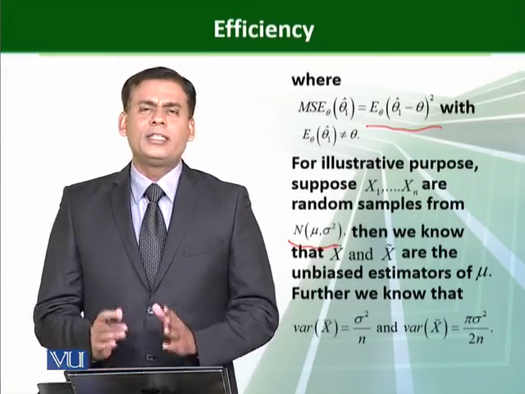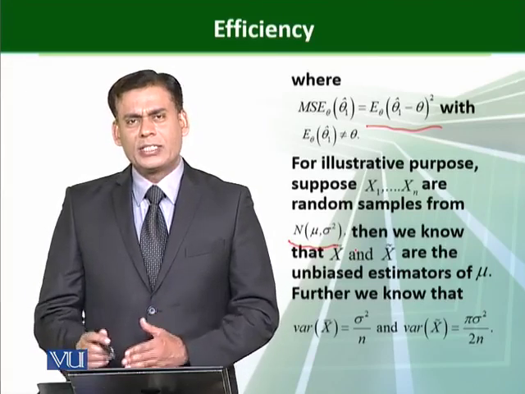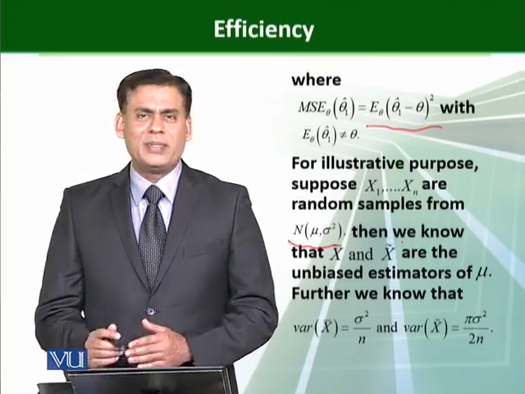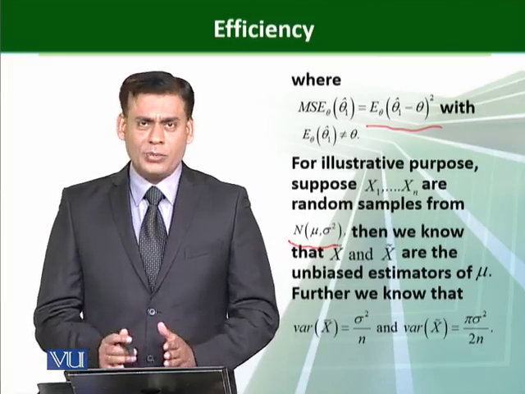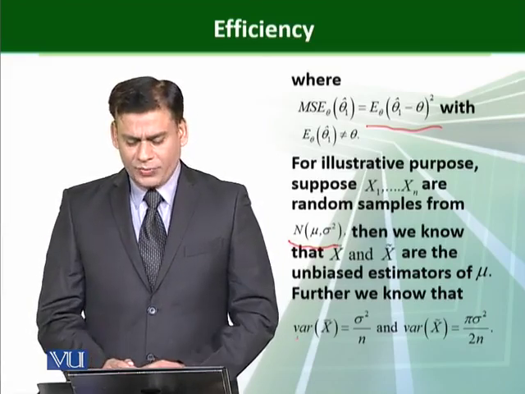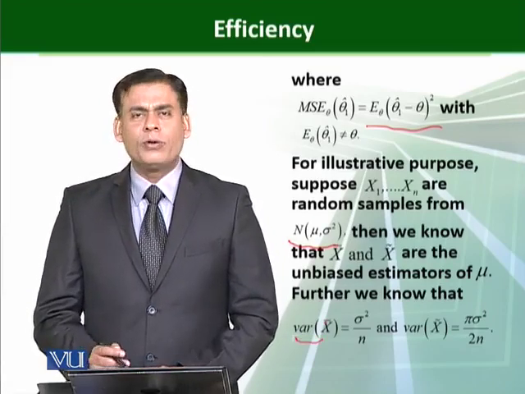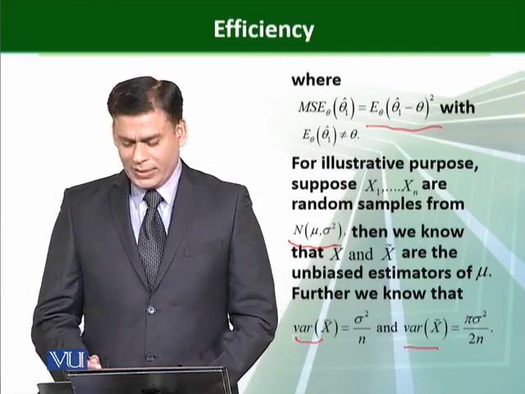We also know, as a well-defined result, that x bar and the median x tilde are unbiased estimators of mu in the normal distribution. And we also know that the variance of x bar is sigma square over n, and the variance of the median is pi sigma square over 2n.